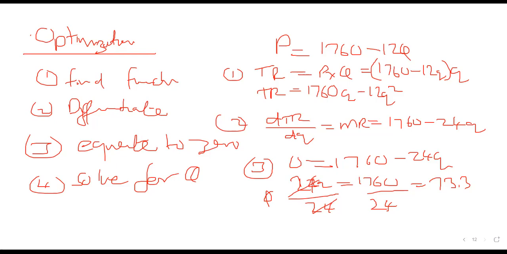Then how do we find the price? We place it in the original price function. So price will be 1760 minus 12 times 73.3.